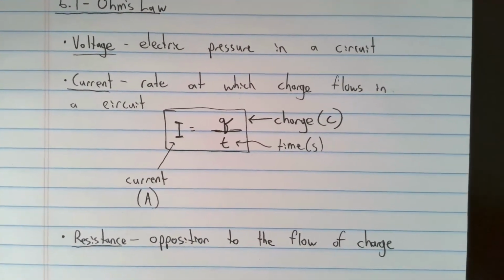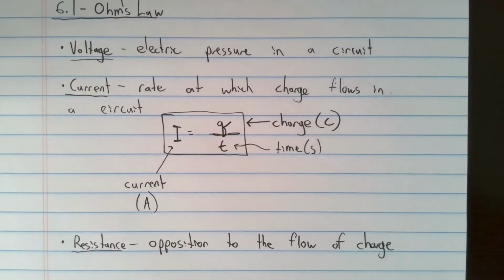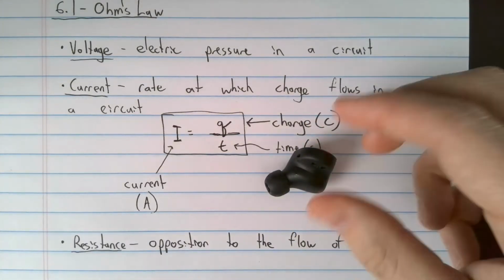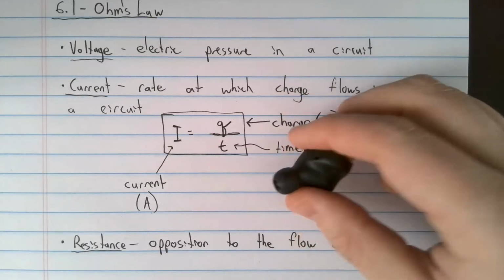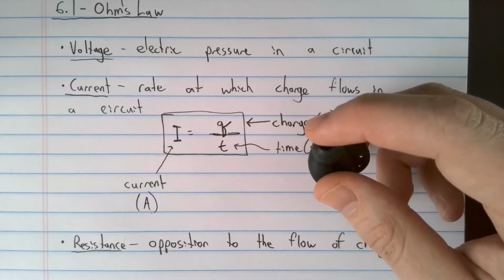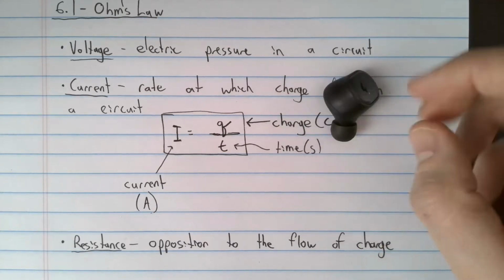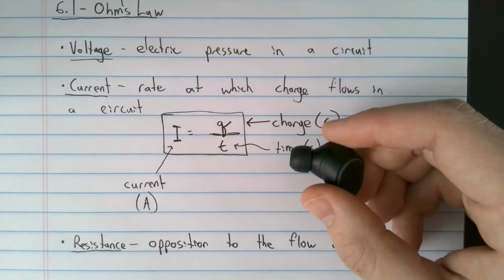Like I said, you don't introduce resistance into the circuit on purpose. It's just a byproduct of the thing that you're using, like little headphones. With headphones, there's a current going through the speaker on the end here. You don't want the current to slow down deliberately, but you do want to produce sound.